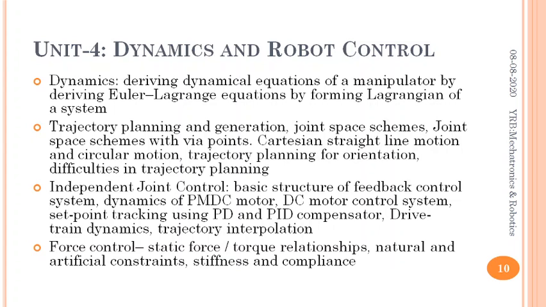Then we have to make some Cartesian system planning, trajectory planning. Then we have to study various control mechanisms, where various joint controls we have to discuss. And then we have to study force control, which is very important in designing the robots as well. So force control is the point which is essentially discussed under chapter number 4.